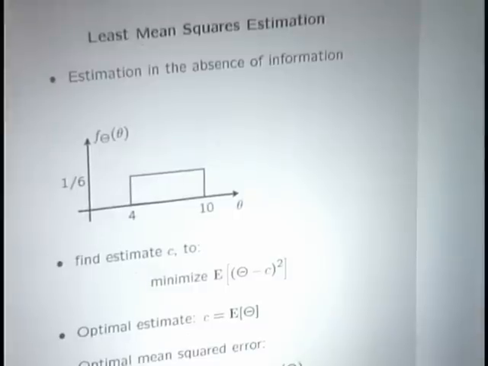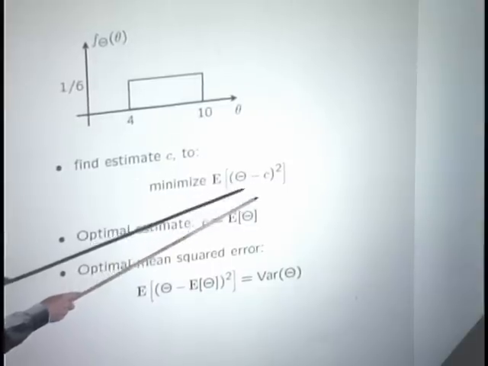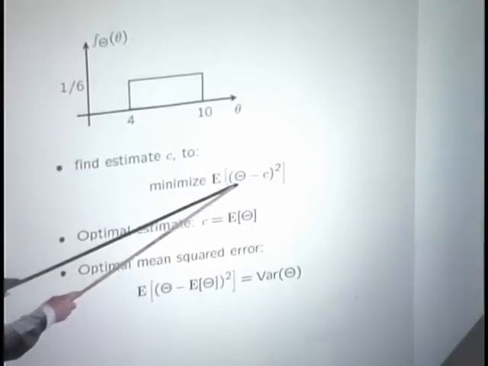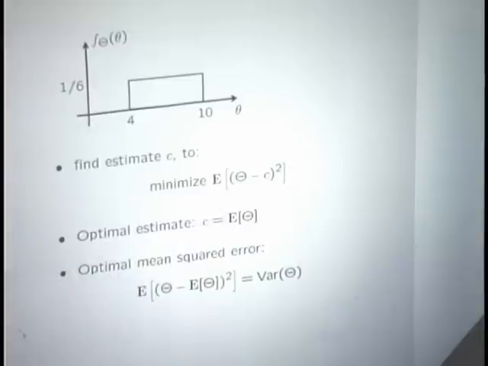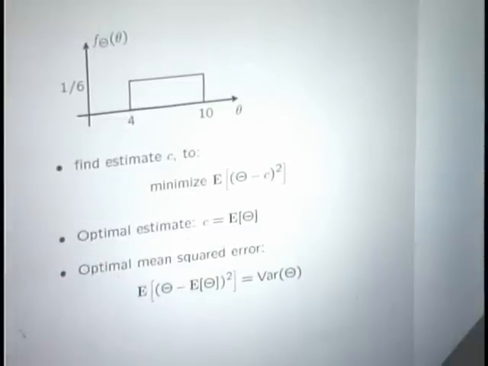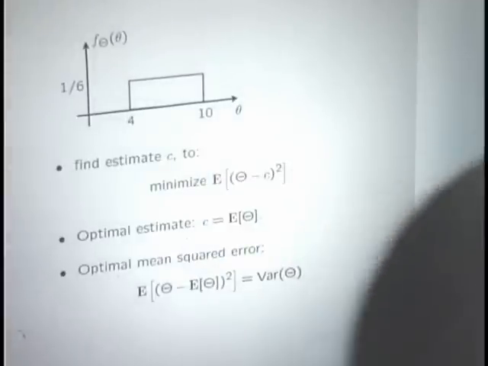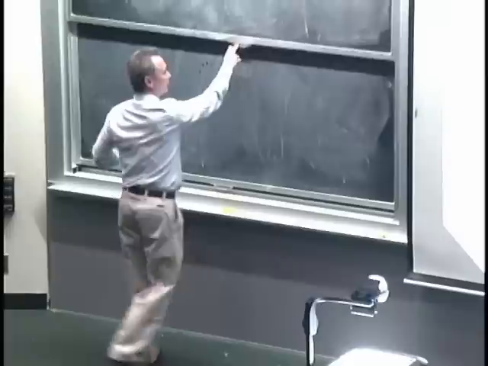So I pick c. Theta has a random value that I don't know, but whatever it is, once it becomes known, it results in a squared error between what it is and what I guessed it was. And I'm interested in making a small error on average, where the average is taken with respect to all the possible and unknown values of theta. So this is a least squares formulation of the problem, where we try to minimize the mean squared error. How do you find the optimal c? Well, we take that expression and expand it.